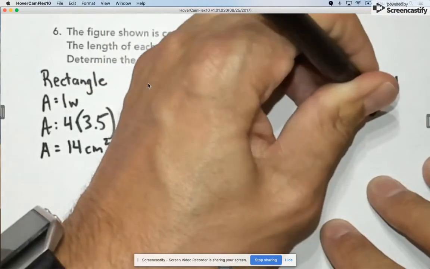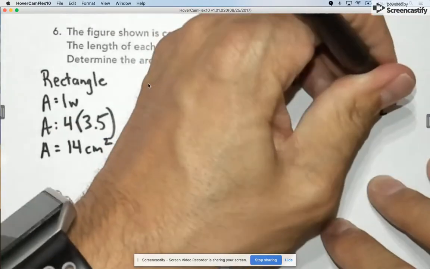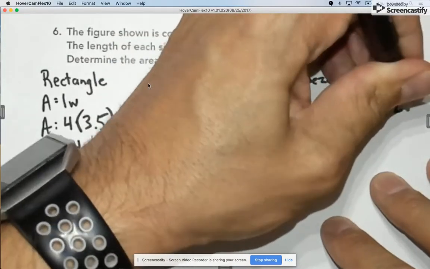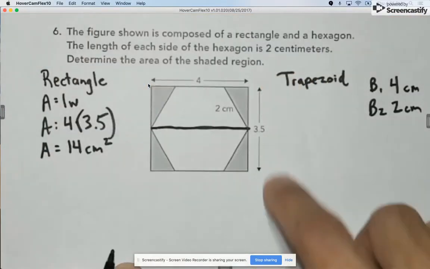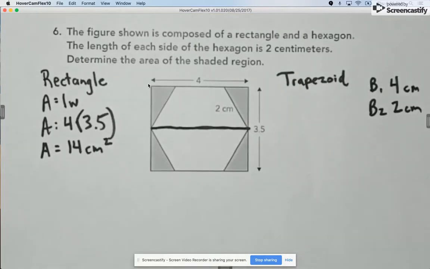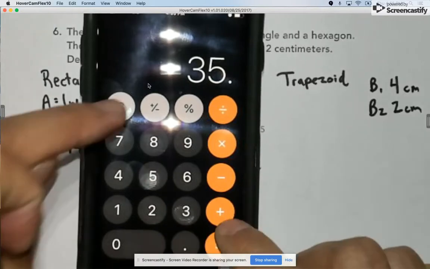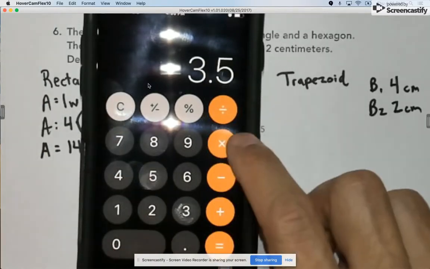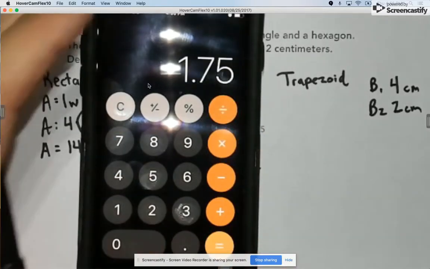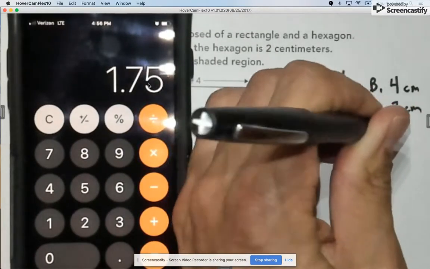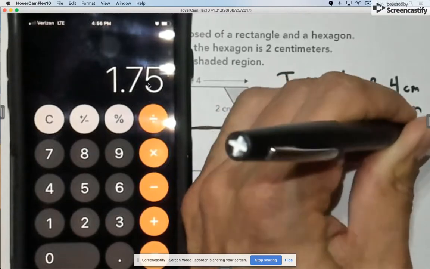Base 2 is going to be 2 centimeters. The height of the whole thing is 3.5. Half of 3.5, ooh, that's tricky. 3.5 divided by 2, half is the same as dividing by 2. So the height is going to be 1.75 centimeters.